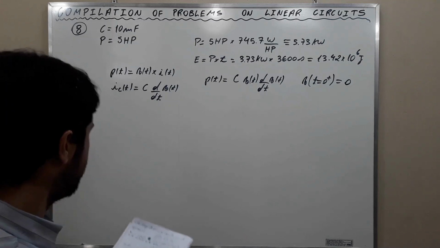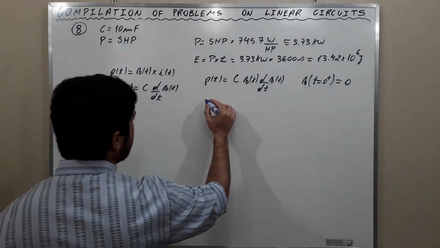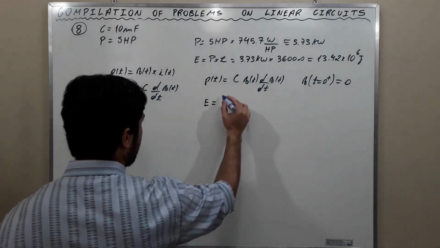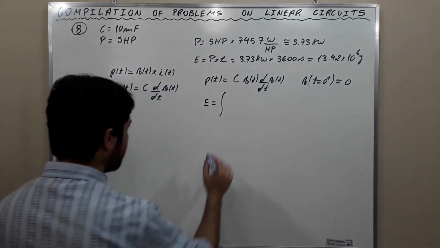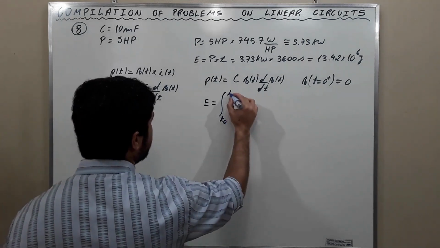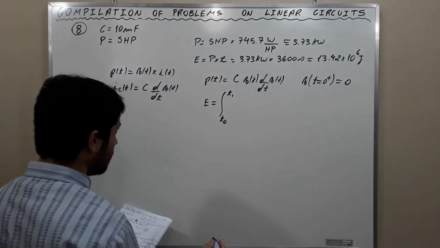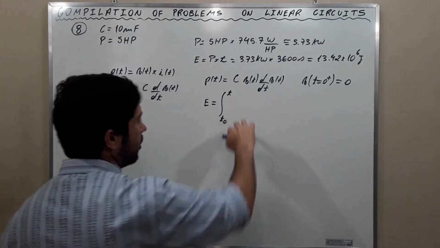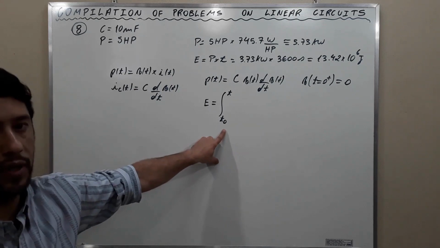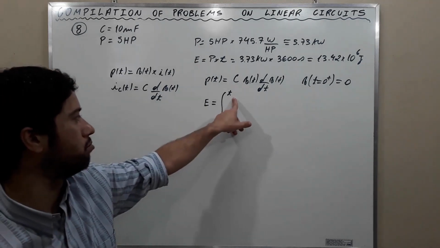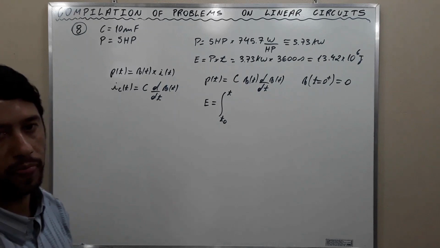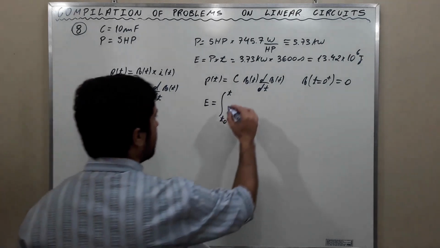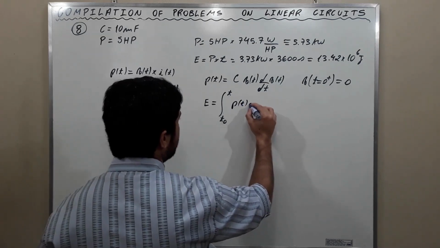We will understand that energy is equal to the integral from t0 to t1, from the initial point in time that we are considering to any kind of point in time, and it is the integral of the power.